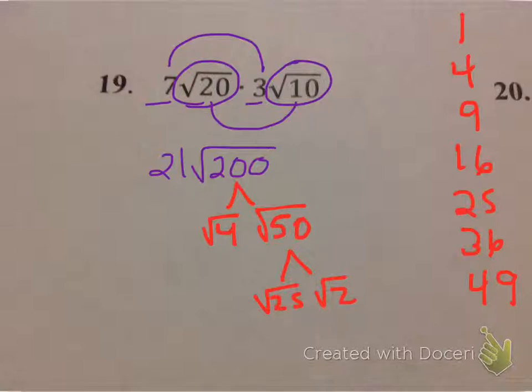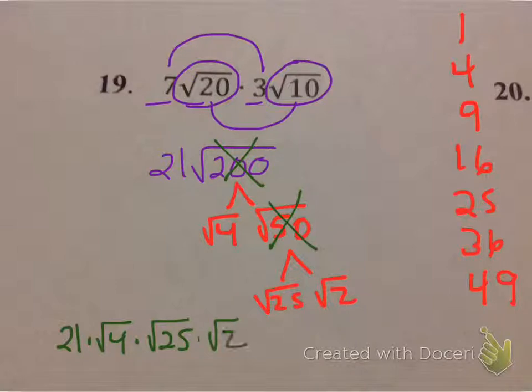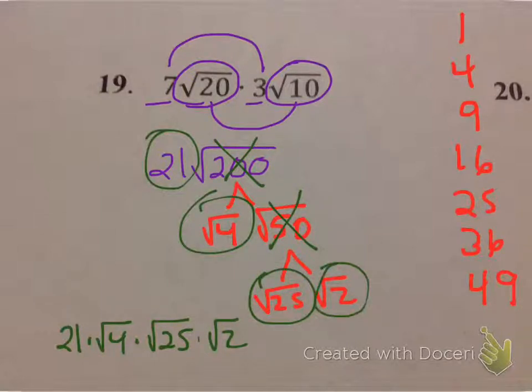So I've broken this down. I broke down 200, I'm not using it anymore. I broke down 50, I'm not using it anymore. So what do I have left? I have 21 times the square root of 4 times the square root of 25 times the square root of 2. 21 is a number. The square root of 4 is 2. The square root of 25 is 5.